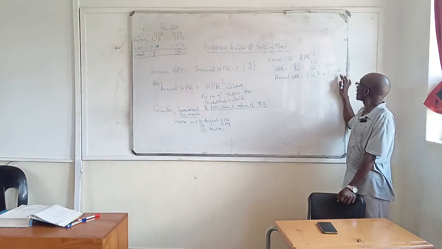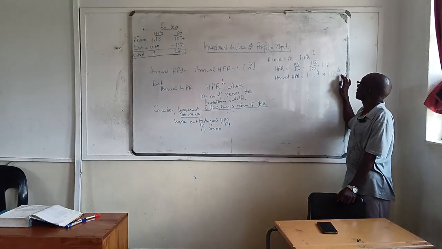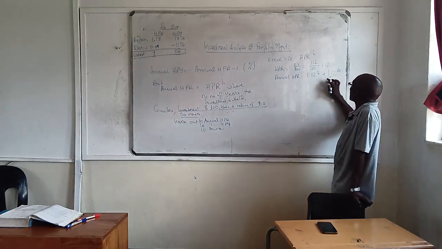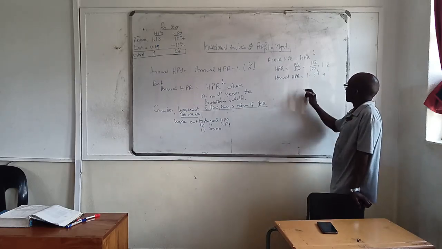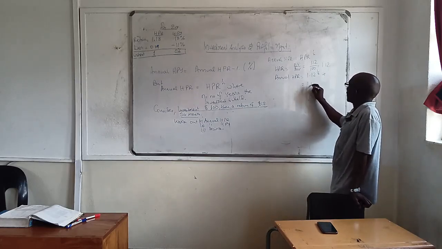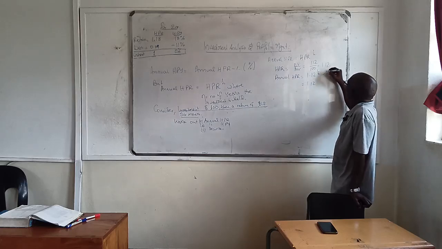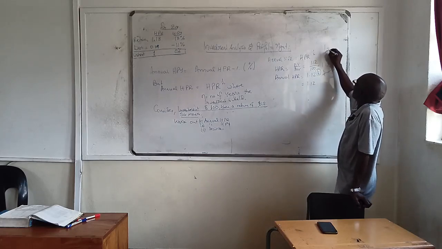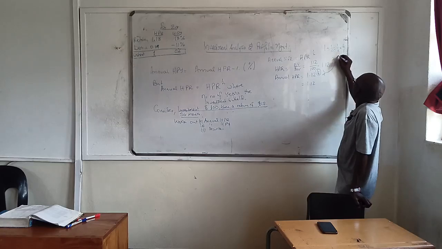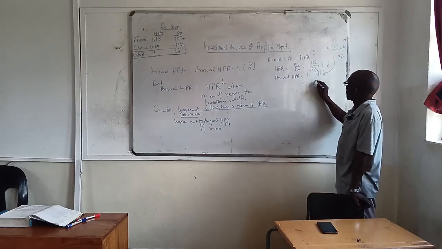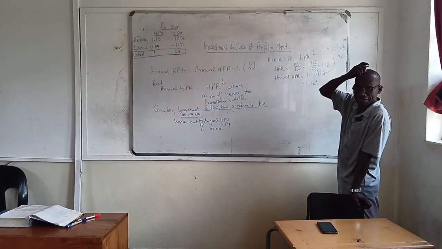Let's take this one to avoid confusion. 1 divided by half is 1 over 1 multiplied by 2 over 1, which is 2. So here is going to be 2.